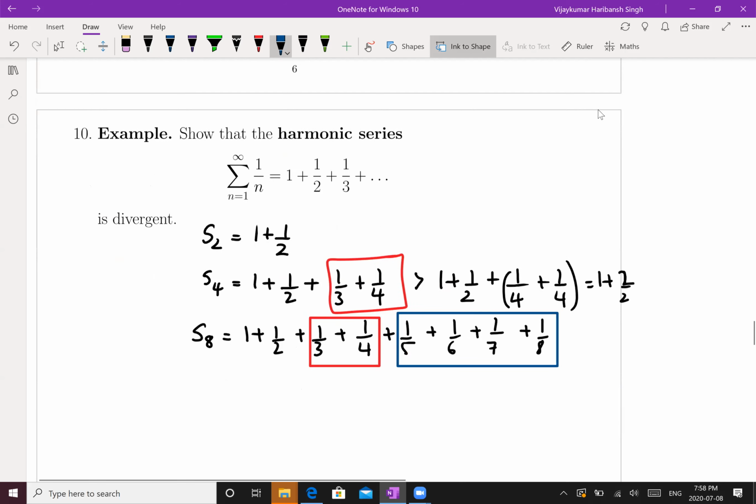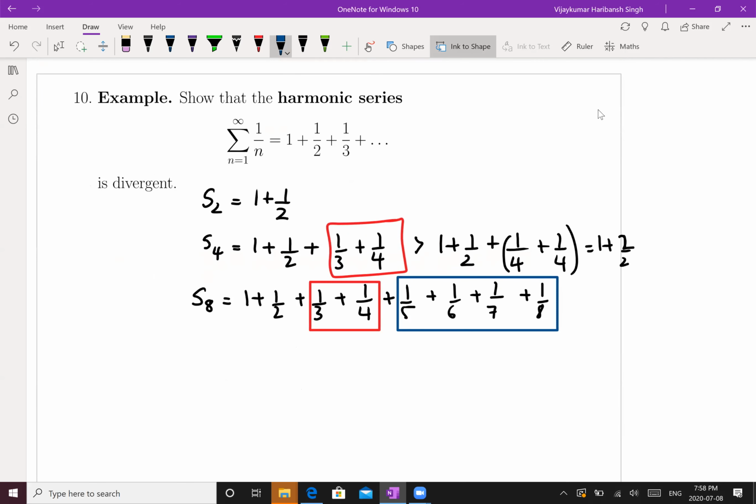And how am I combining? This is going to be 1 plus, we have already seen that this is half. We have already seen that this part, S4, can be written as greater than 1 upon 2 plus 2.